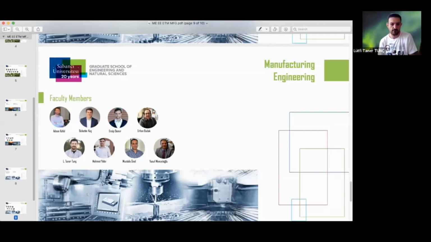First of all, usually we do it like this. You first explain yourself, what you are interested in, and why you want to pursue a master's or PhD degree. Then we understand that you have an intention in a research area in the manufacturing framework.